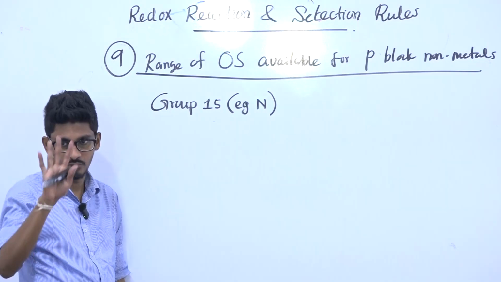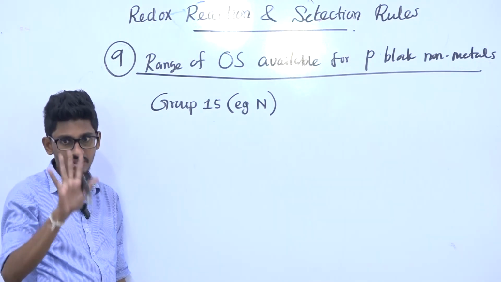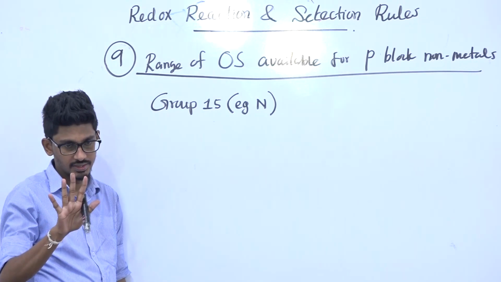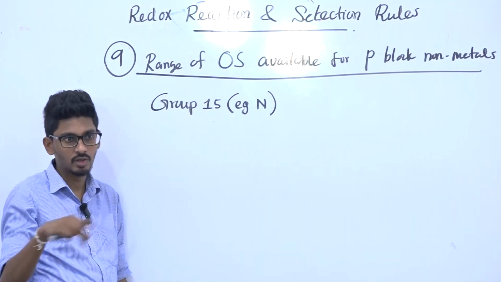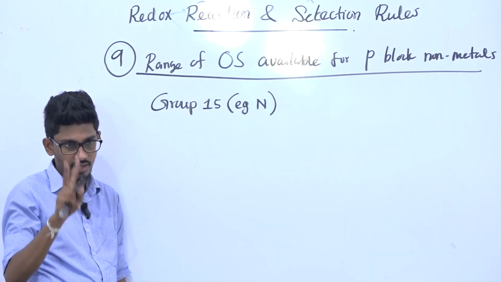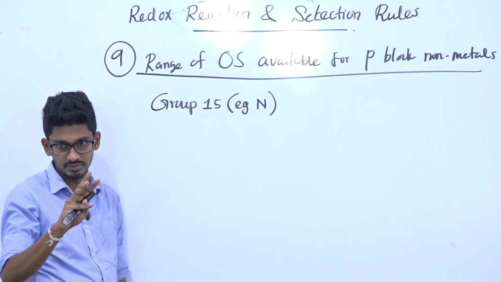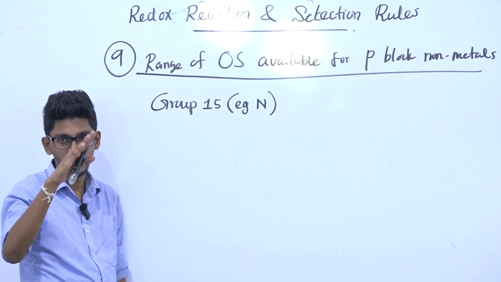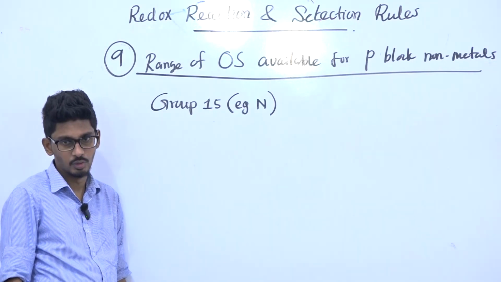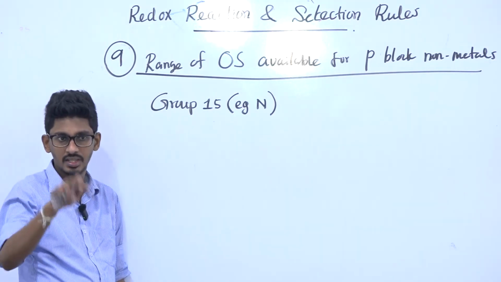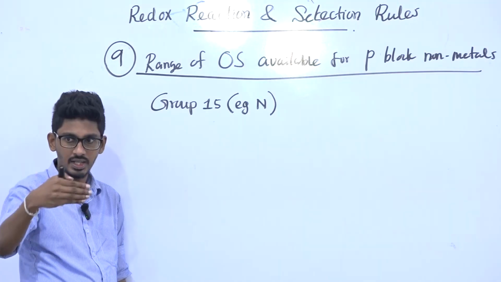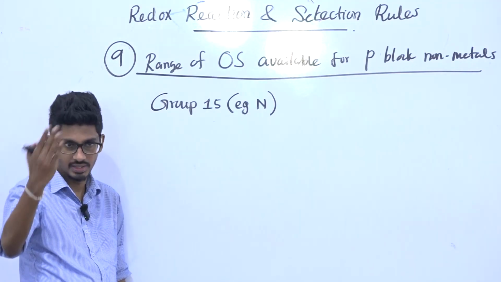If you are regarding nitrogen, nitrogen has 5 electrons at its outermost shell. You can complete the outermost shell by two methods. One method is gaining the 3 remaining electrons, or releasing all the 5 electrons there.